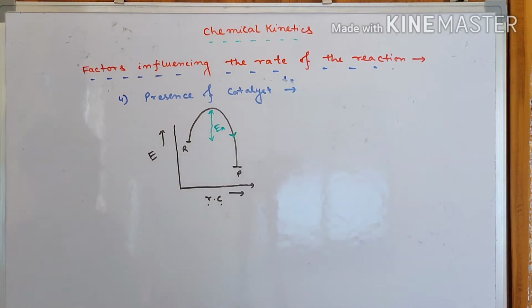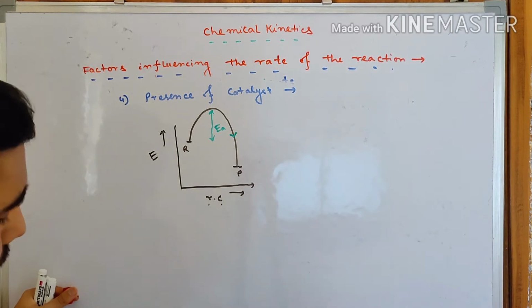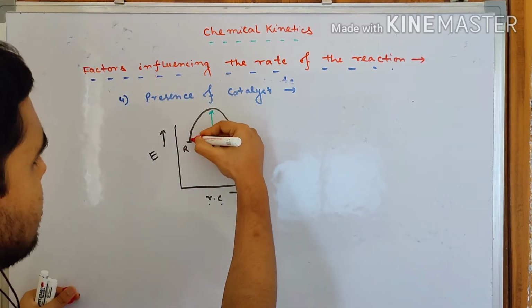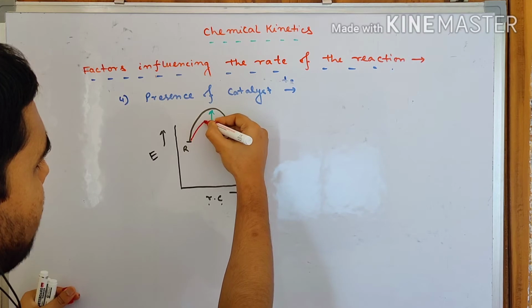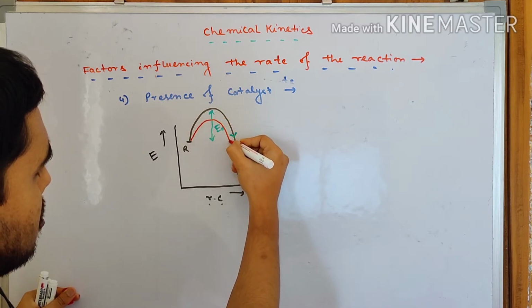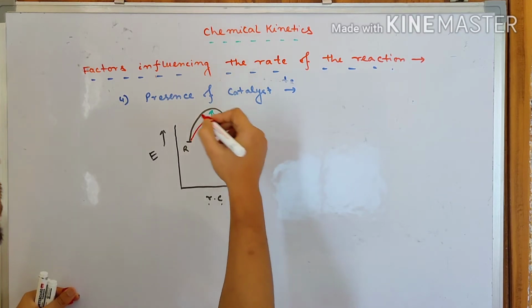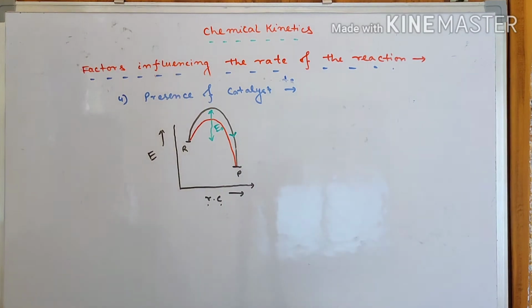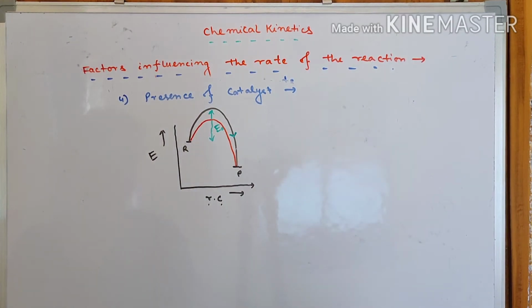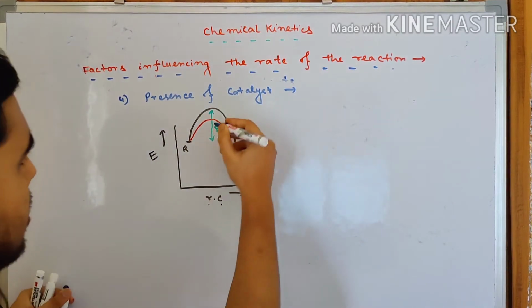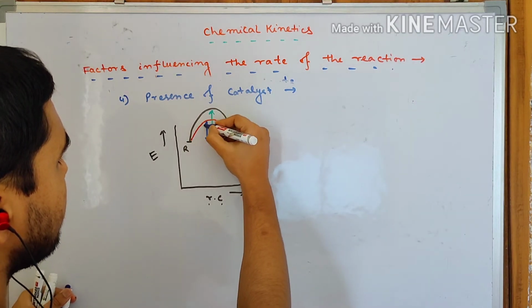What happens is, in presence of catalyst, the reaction has a tendency, carefully see, to find an alternative pathway to go for the product. This is called alternative pathway. And due to the presence of this alternative pathway, what happens? Now this becomes the EA.